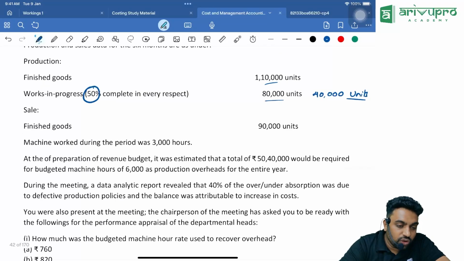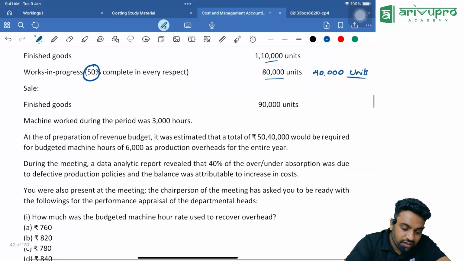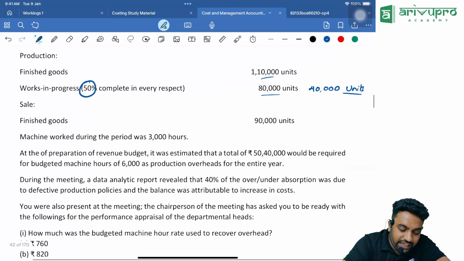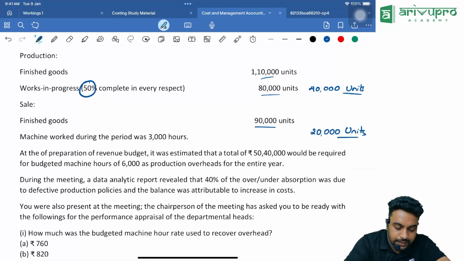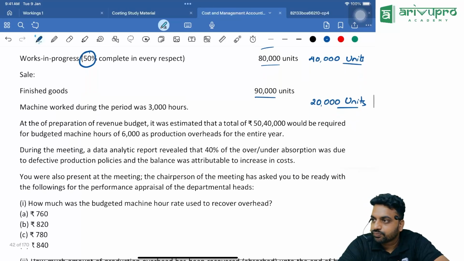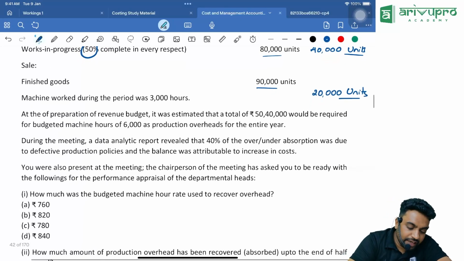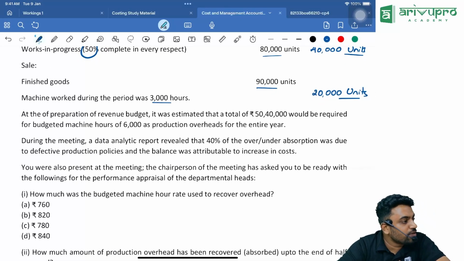So total equivalent units produced is 1,50,000. Sales: out of 110,000, 90,000 is sold. So closing stock will be 20,000 units. Machine work during the period was 3,000 hours. So absorption is happening on the basis of machine hours.